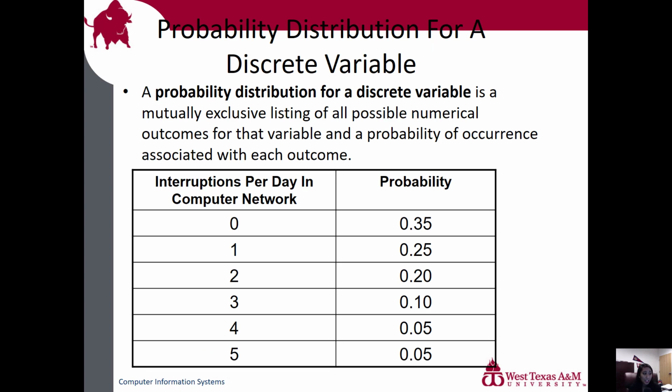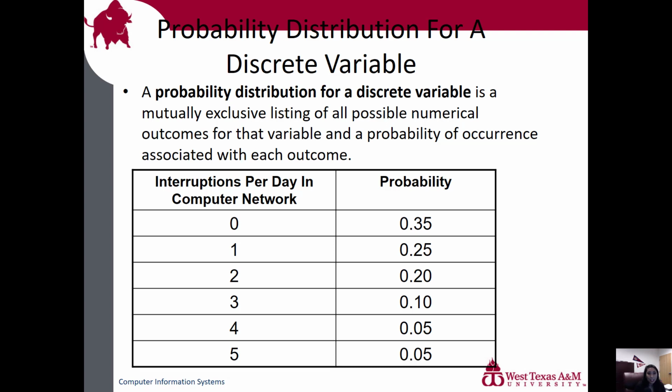So we looked at the outcomes of those very simple events, and you can create a probability distribution for any discrete variable. And a probability distribution is a mutually exclusive listing of all possible numerical outcomes for that variable and the probability of occurrence associated with each outcome. So for the die, we can either get a 1, 2, 3, 4, 5, or 6, and each of those probabilities would be 1 out of 6.